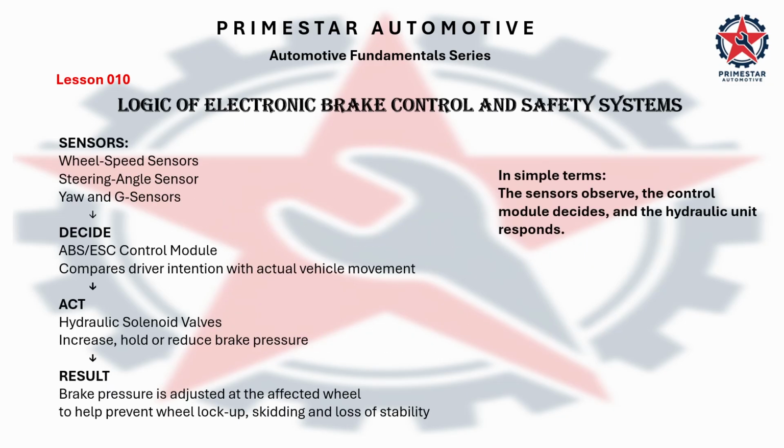So here is the logic of how the electronic brake control and safety systems work. The sensors, the individual wheel speed sensors, steering angle sensor, yaw and G sensor, continuously send signals to the ABS or ESC module.